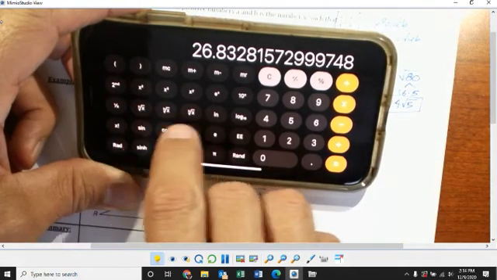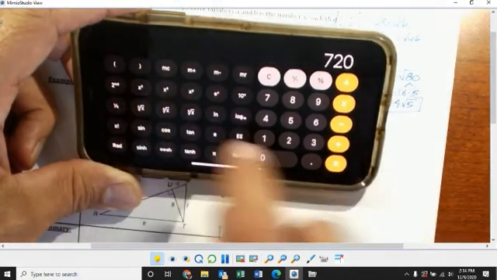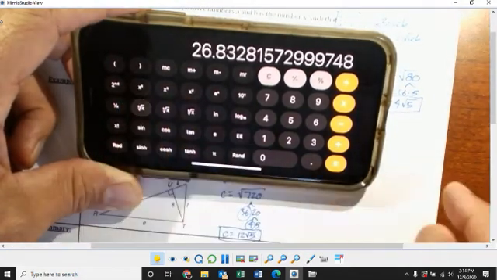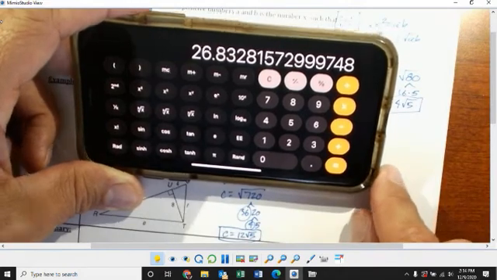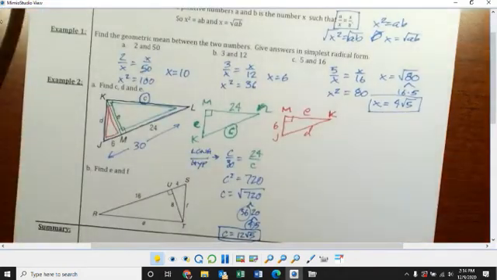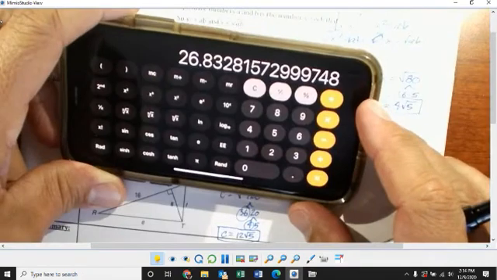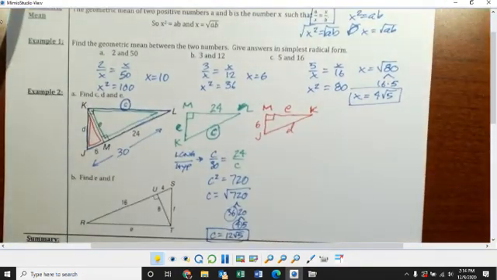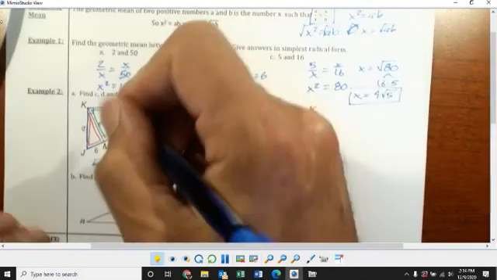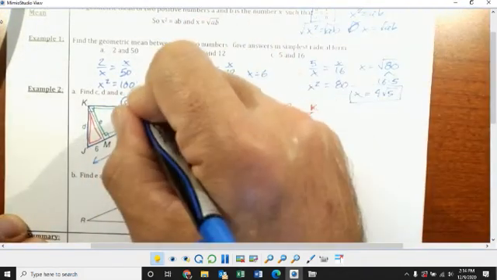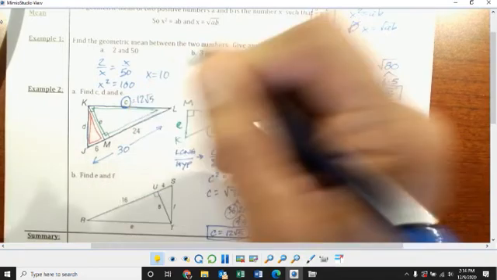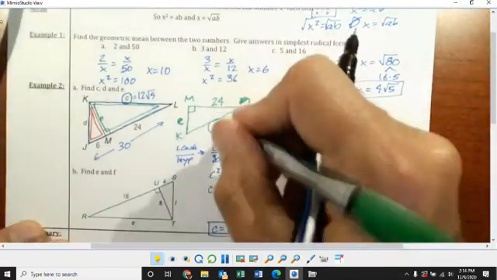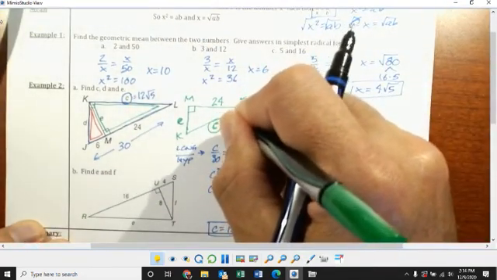If I square that number, then I get 720. The square root of 720 is 26.83, so same thing that I've got. So I know that that's right, and 26.8 is something between 24 and 30, just like we said. So now I've got C. I can put C is equal to 12 square root of 5 here, and C is equal to 12 square root of 5 here.